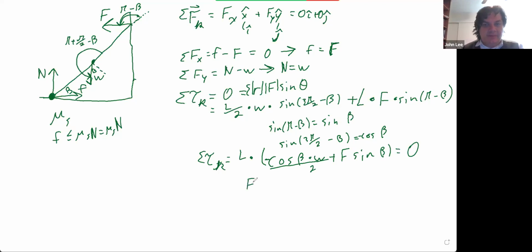So F is equal to weight times cotangent of beta over 2.